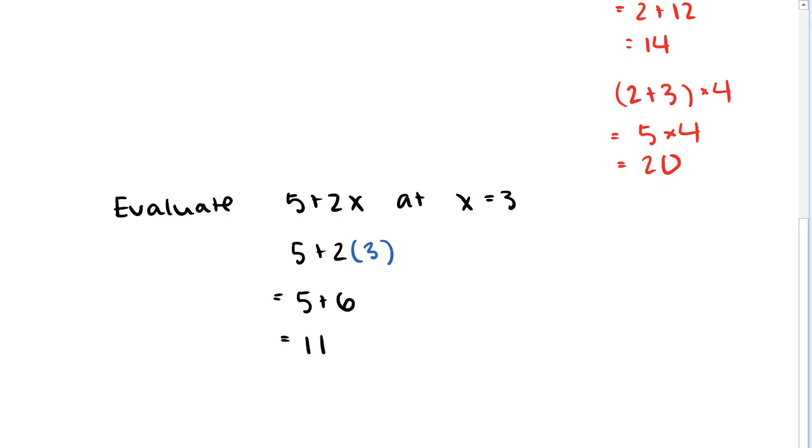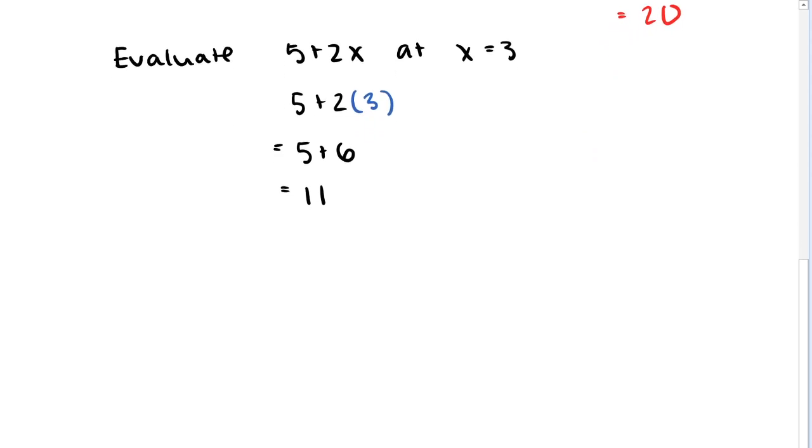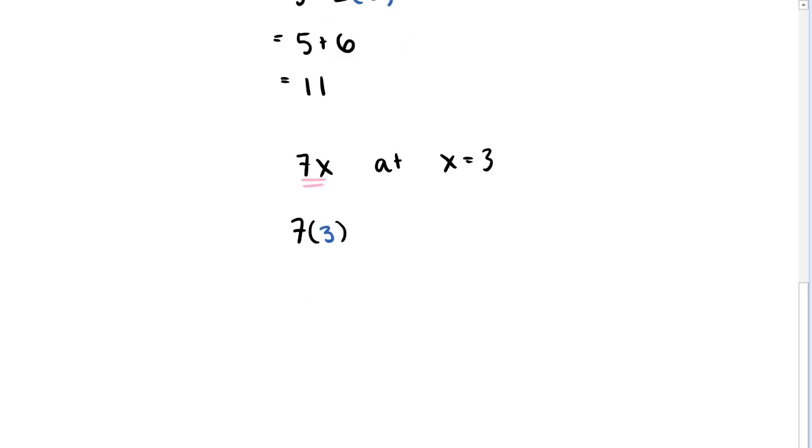All right, what if we tried to evaluate now 7x at x is equal to 3? This is just to emphasize that these are not the same thing. These expressions don't represent the same number. If I take 7x and I replace x with 3, well, here we end up with 21.